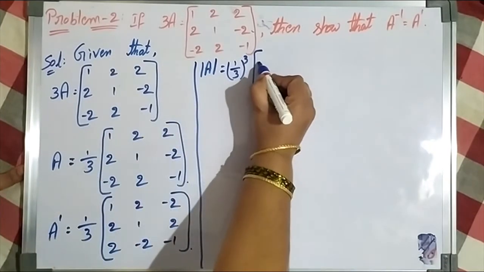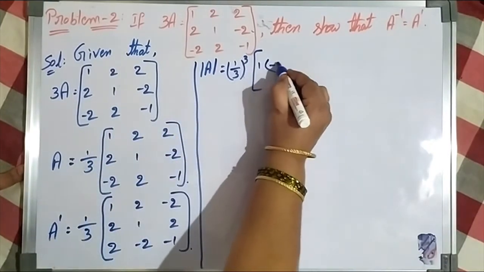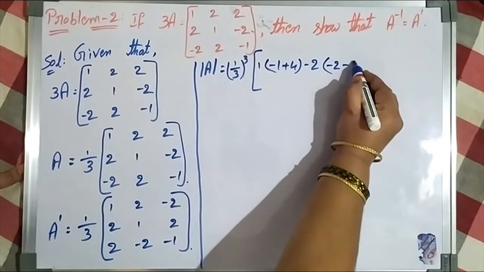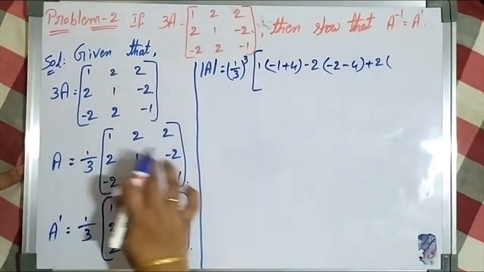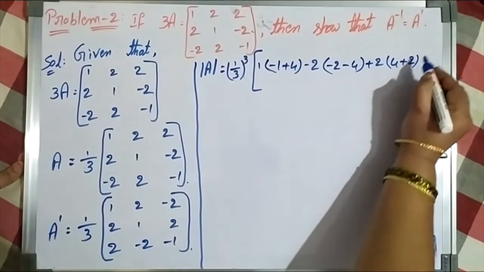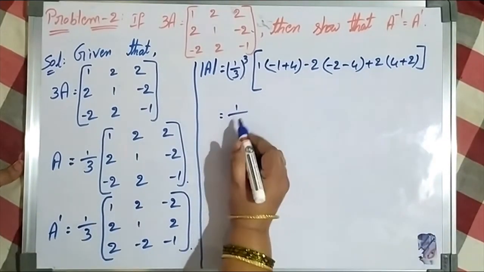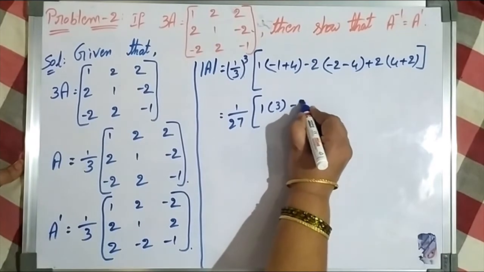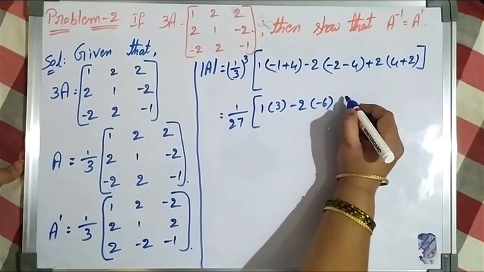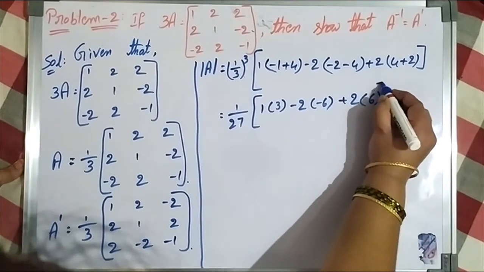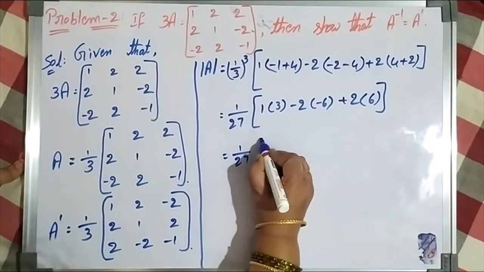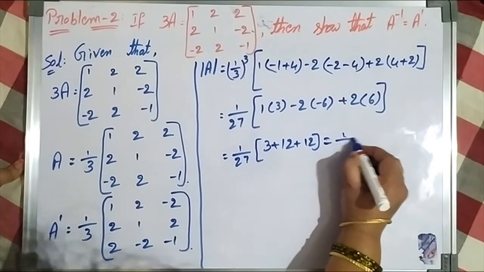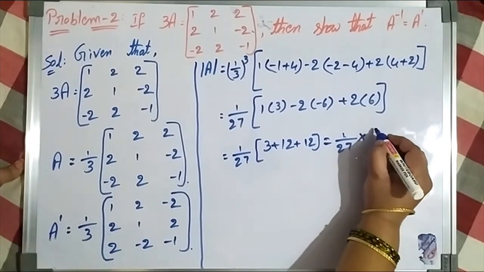Then 1 into (-1 plus 4) minus 2 into (-2 minus 4) plus 2 into (4 plus 2), that is equal to 1 by 27 into [1 into 3 minus 2 into -6 plus 2 into 6], that is equal to 1 by 27 into (3 plus 12 plus 12), that is equal to 1 by 27 into 27.